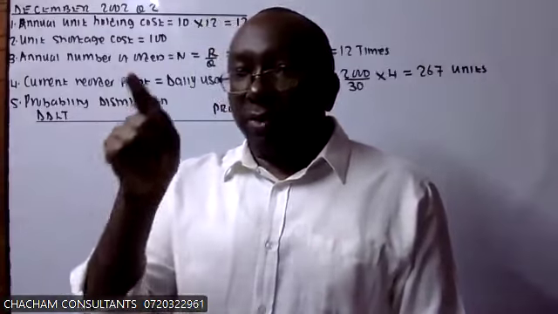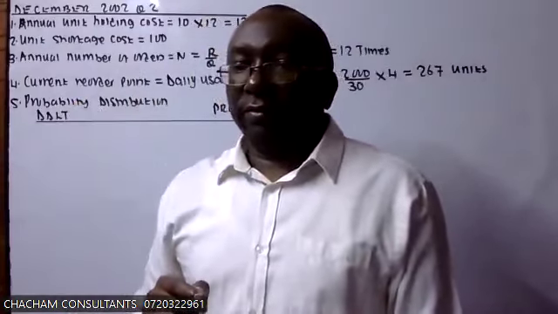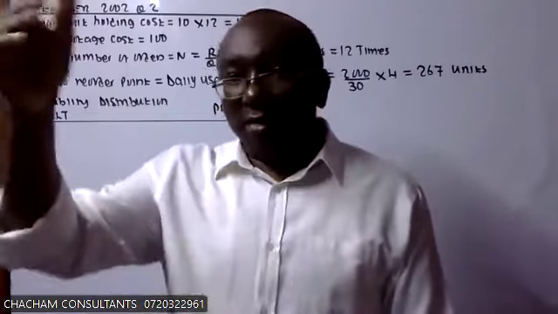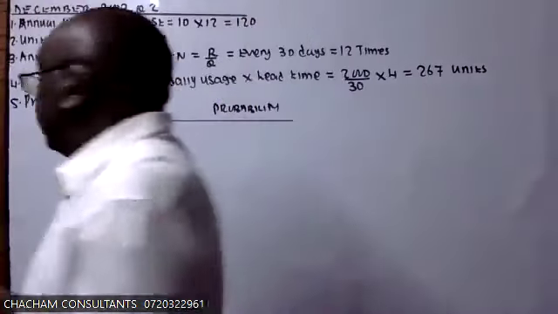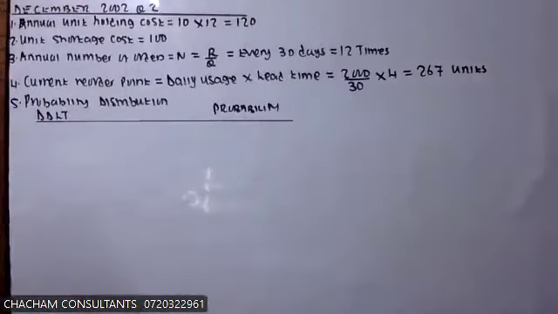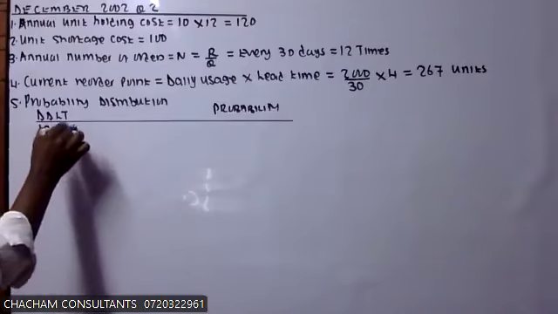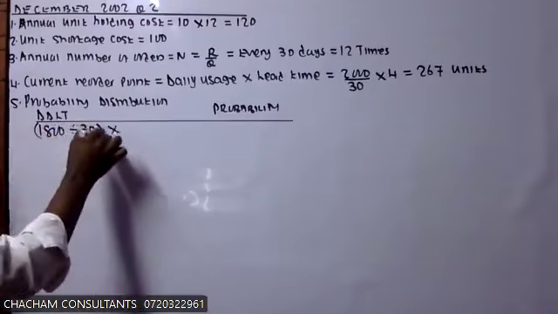So you must take it down from 30 and bring it back to 4. That's what I had said. You are given more. Demand is more. So you must bring it back. So how do we bring it back? You take this first one, 1800. You divide by 30. The answer you multiply by 4.